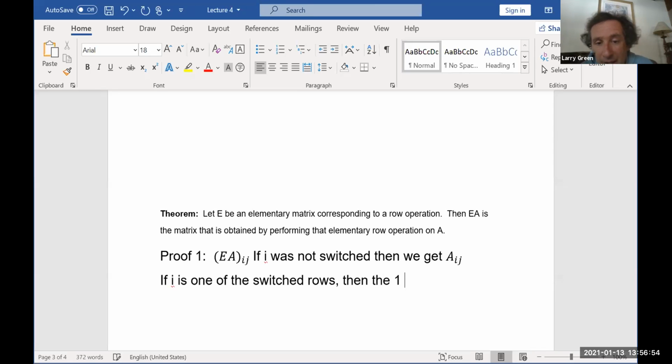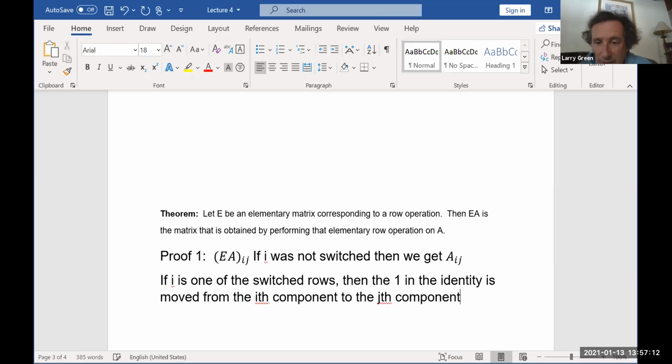Then the 1 in the identity is moved from the ith component to the jth component. But if it's moved from the ith component to the jth component and you dot them, that means you're keeping the jth element of the column.